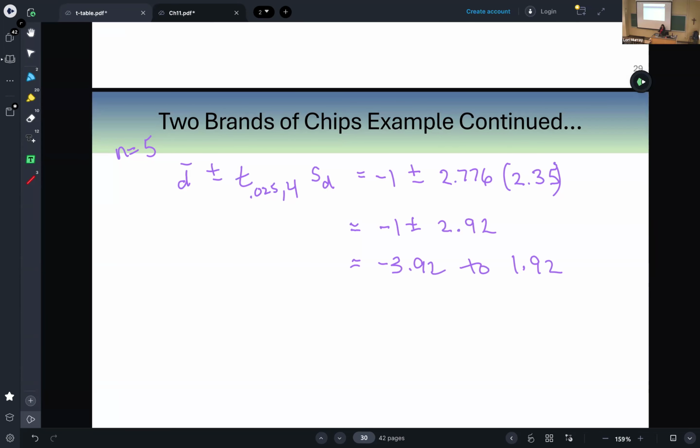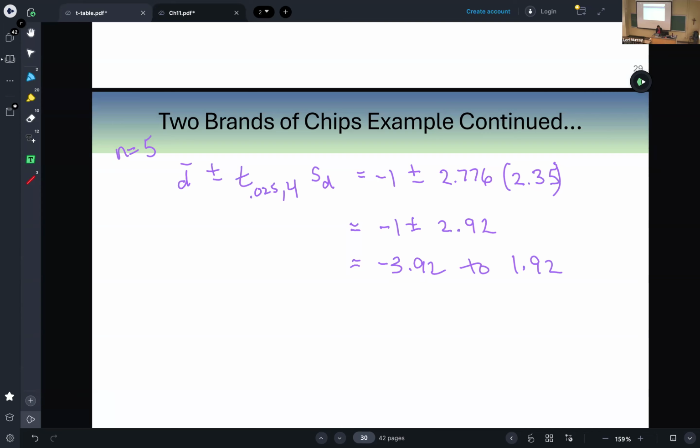Aha. Uh-oh. 0 is in there. So how do we conclude? That means that, is there a difference between the chips, the brand A chips and the brand B chips? Remember, we always have to circle back to the data. Right, you're shaking your heads and that's correct. It's no, right? Because 0 is in the interval.